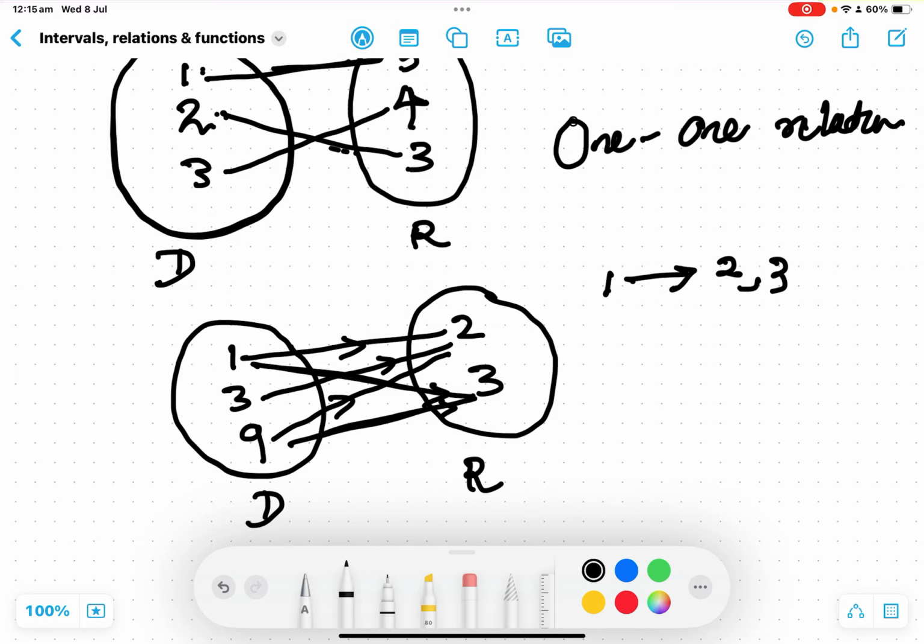So the next one is many to one. Let's say there's a domain.